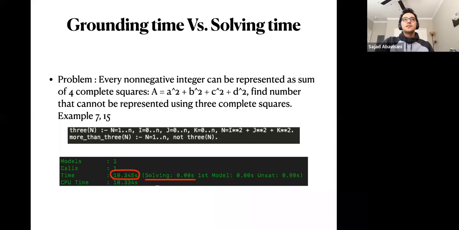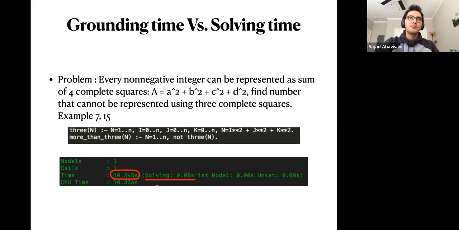One thing is that if you're not careful enough, this grounding will take a lot of time, because it will consider all the possible combinations of the facts that we can produce, and we don't always want that.